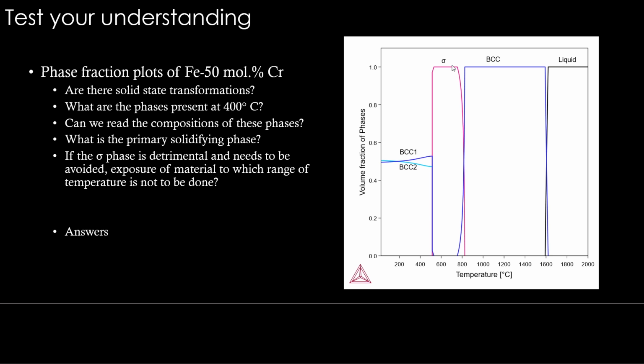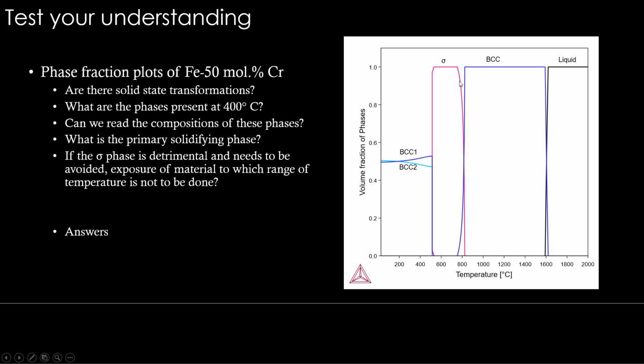That's a problem. If you want to avoid that, better you do a very rapid cooling from high temperature to low temperature so that you don't give any time for this sigma phase to form. Okay, we haven't seen about the kinetics in detail yet, but there is something called kinetics that you at least know by now. There is a rate at which sigma will form. But if you don't give any time for sigma formation, then it means you are suppressing the sigma phase formation, at least kinetically.